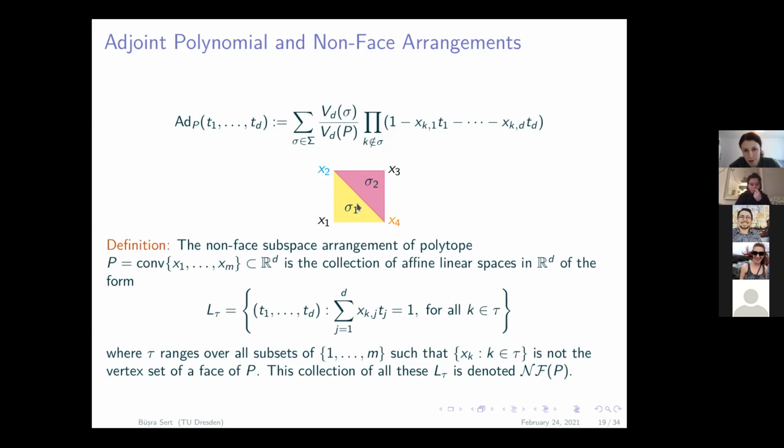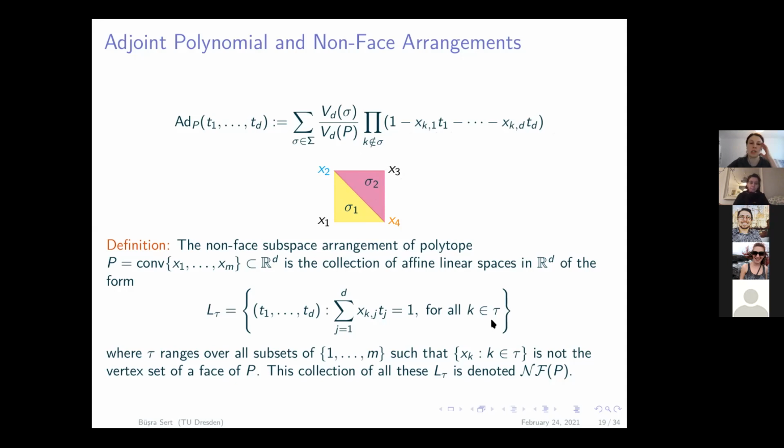When we consider sigma 1, we will write this linear form by using this x3 because it's not a vertex of sigma 1. And when we consider sigma 2, we will write this linear form for x1 because it's not a vertex of sigma 2. Also, those k_i's are entries of the vertices.